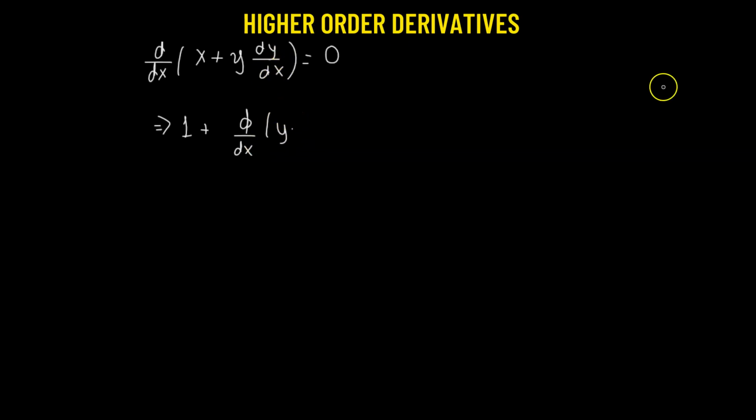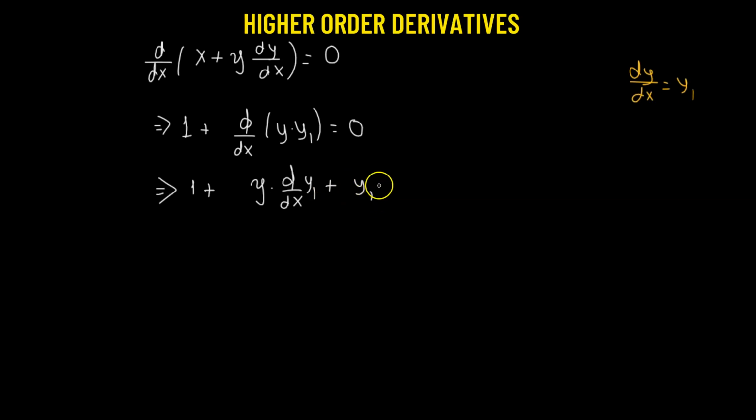We can also write dy over dx in notation form as y1, the first derivative of y with respect to x. So y times y1 equals 0. This gives us 1 plus y times the derivative with respect to x of y1, plus y1 times the derivative of y with respect to x, equals 0.